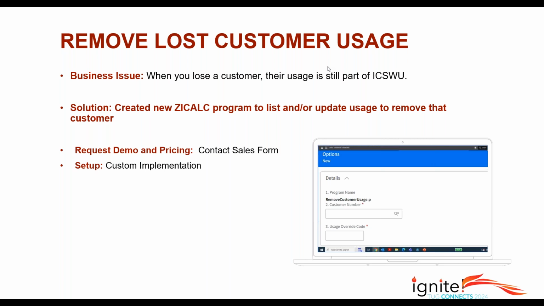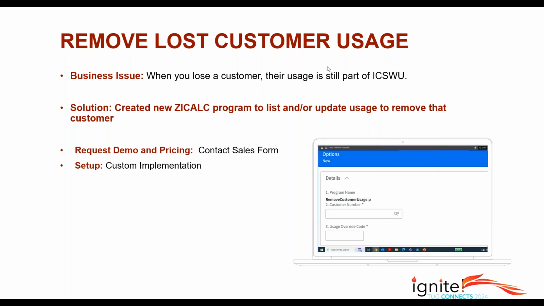So what you have is a new Q&D program here, for lack of a better term, that goes through and says, hey, if that customer is lost, I'm going to go find all of their usage and override the usage for that product for that month down to less that usage and put it in an override code.